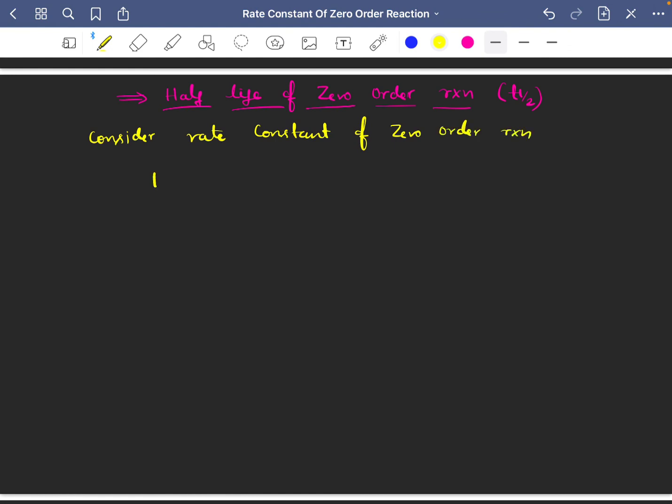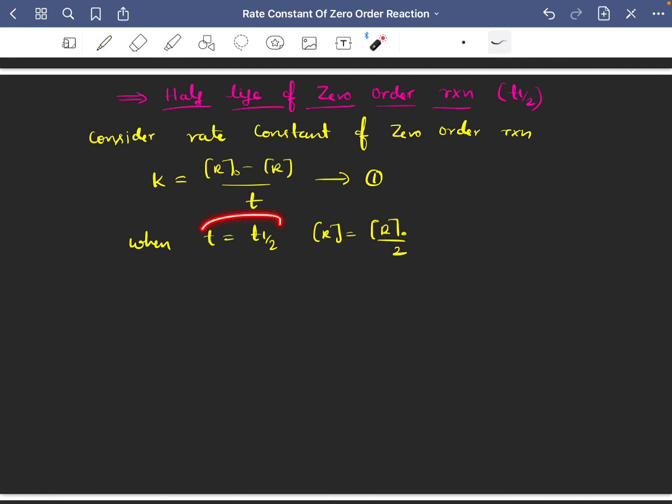We know the rate constant of zero order reaction K is equal to concentration of R naught minus R by t. Consider this as equation number 1. When t is equal to t half, why we are taking t half means we are finding the half-life, so we should take t as t half, then R will become concentration of R naught by 2.